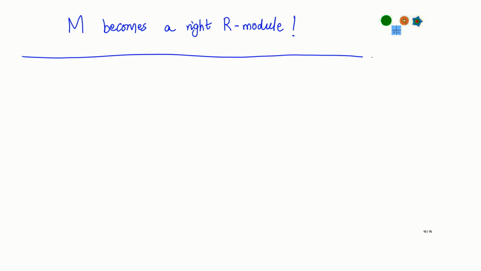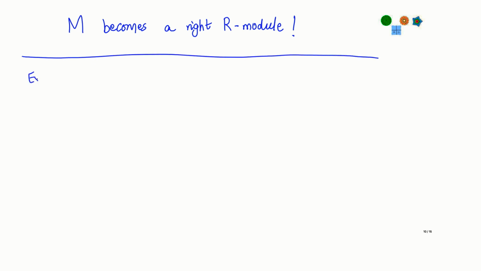Well, then M becomes a right module. So that's the interesting bit here.